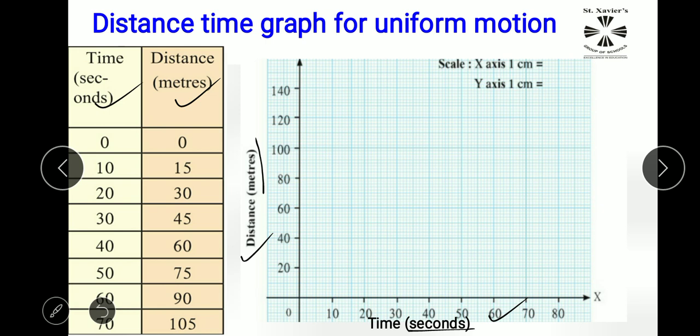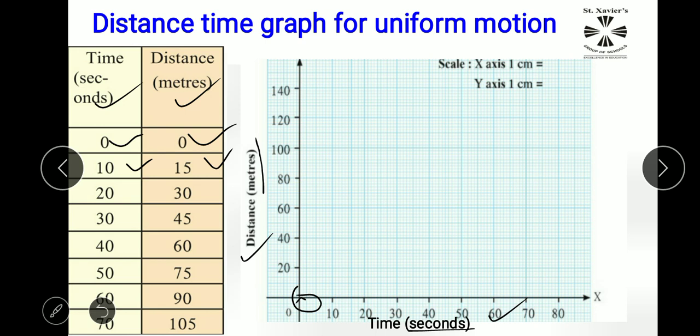Initially, when the time is 0 seconds, the distance traveled is also 0. So here our point is at the origin. Now the second point: time is 10 seconds, distance is 15.